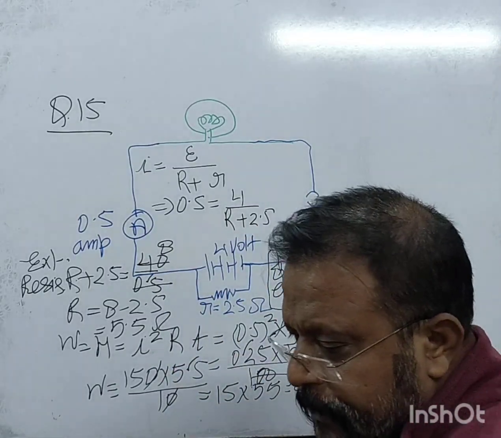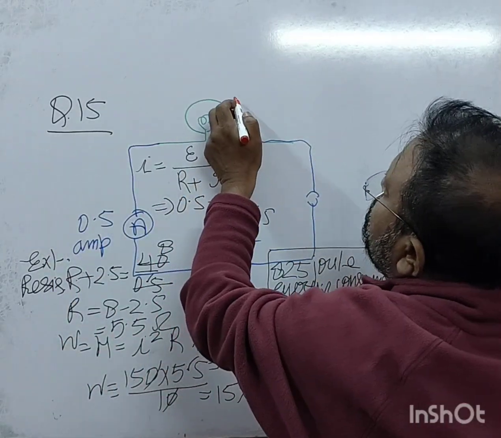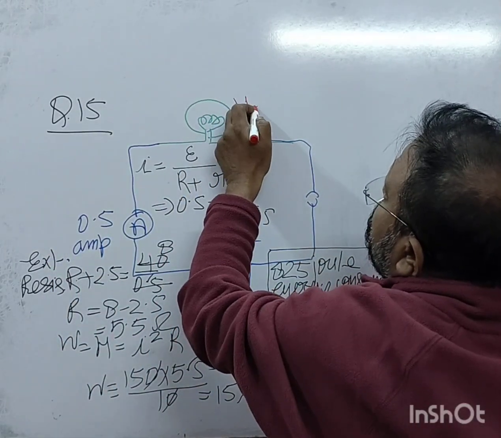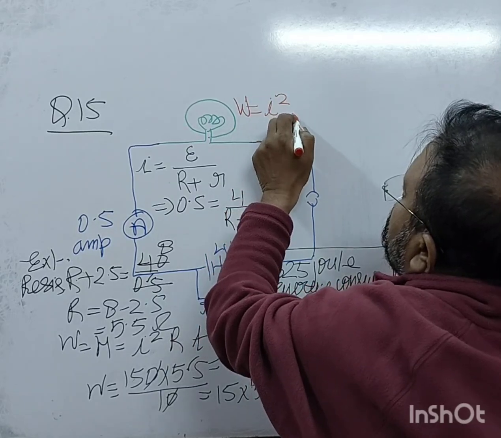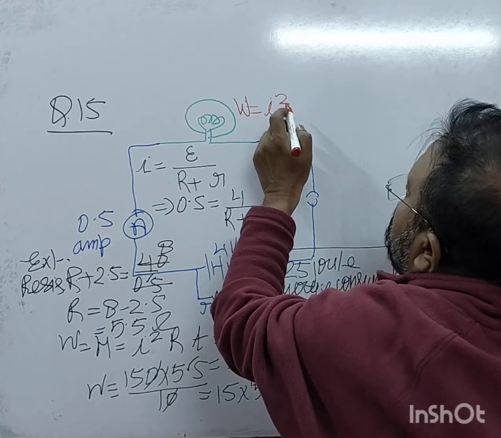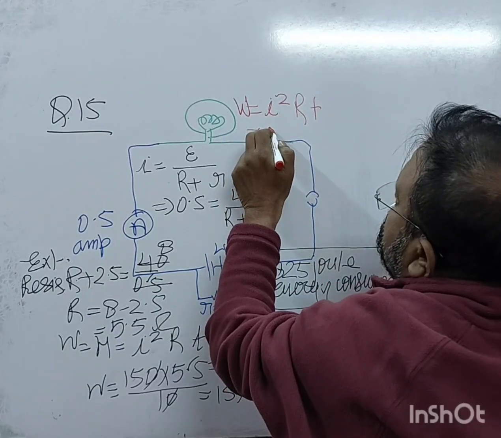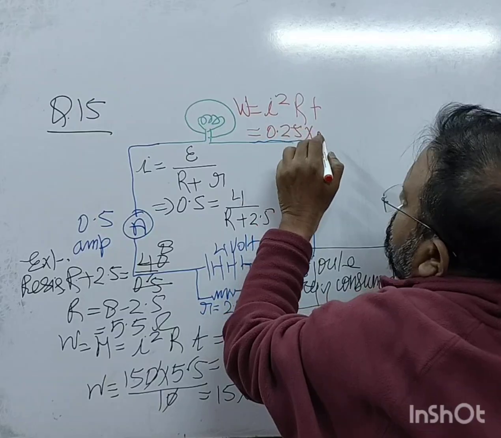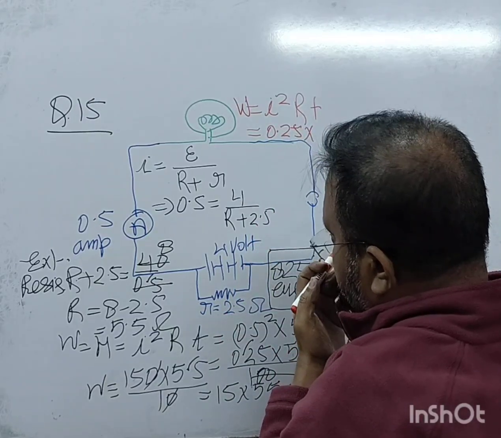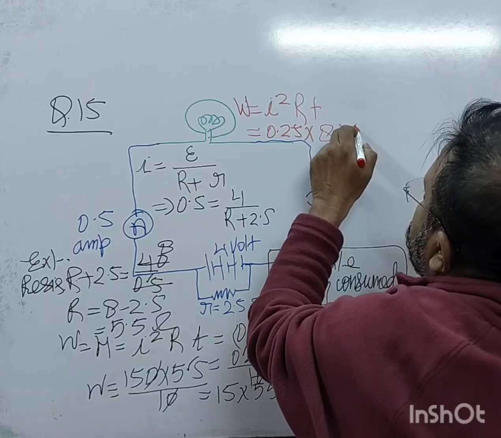If I keep here W is equal to I square RT. So I square is 0.25 into 8 into 600.